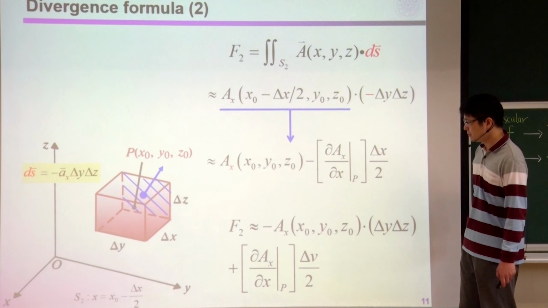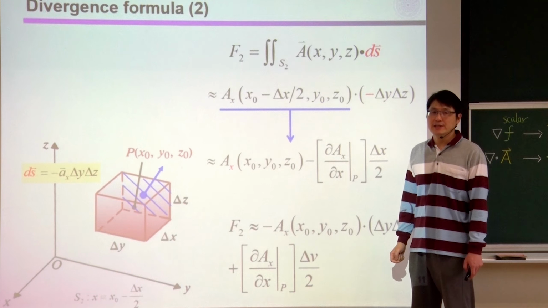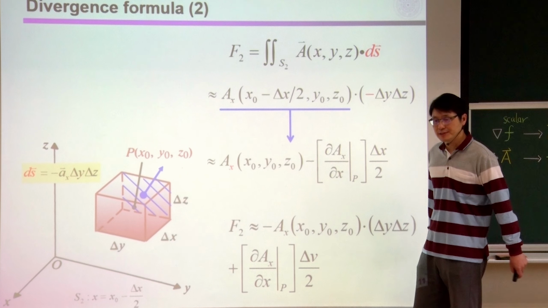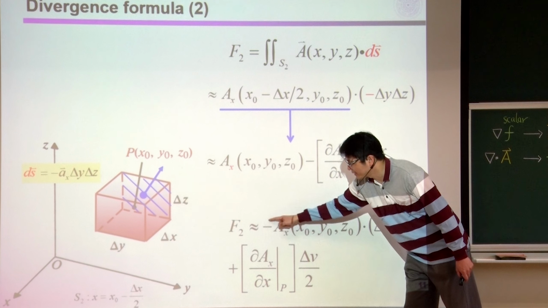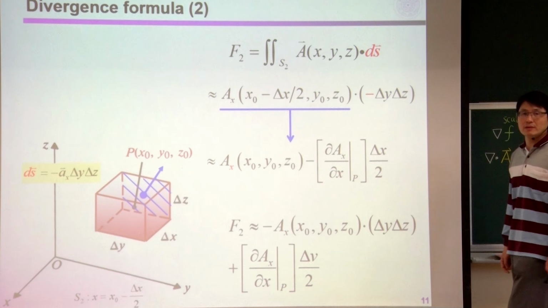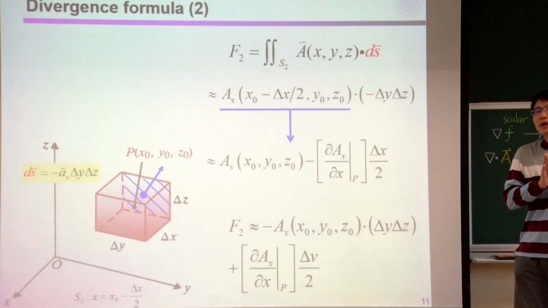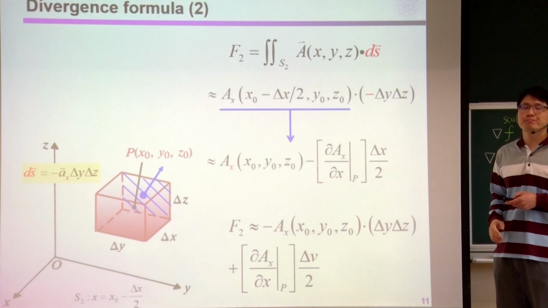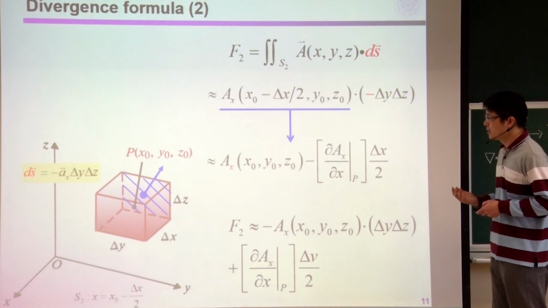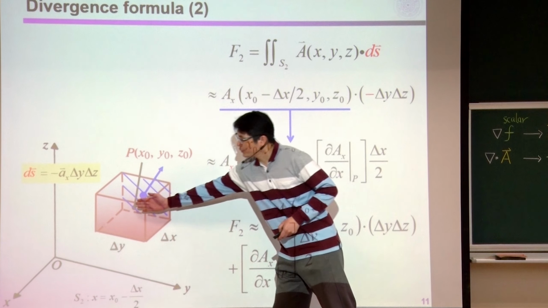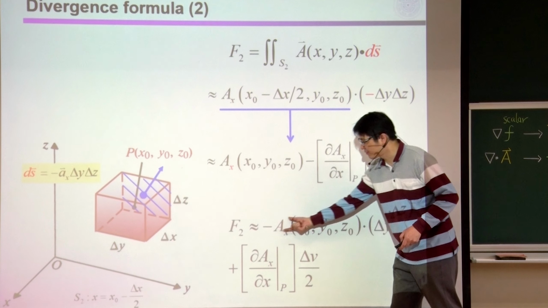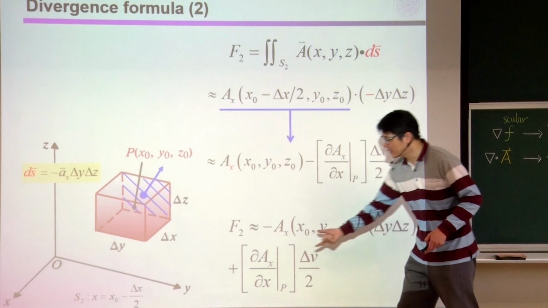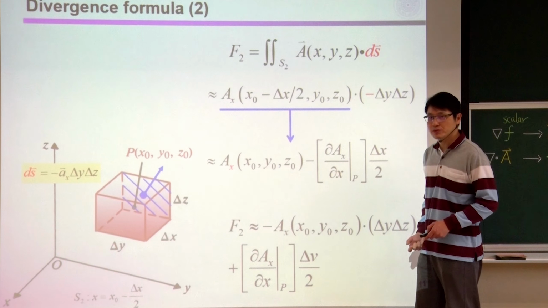So the differential part is now having a positive sign, but this is having a negative sign. I'm not going to work through the other 4 surfaces, but the question is, when I evaluate the front surface, I have a positive first contribution and a positive second contribution.